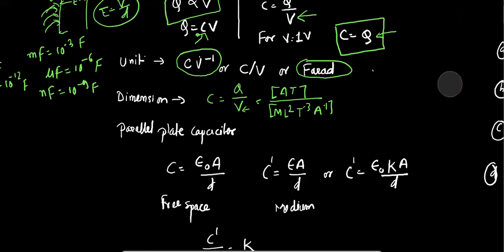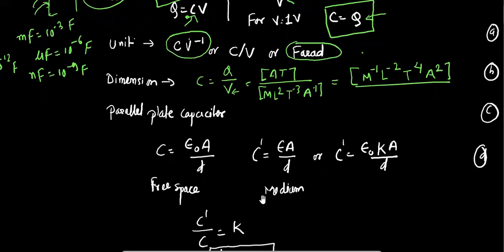On solving, we get the expression for the dimension as M minus 1 L minus 2 T 4 A 2. This is the dimension of capacitance.